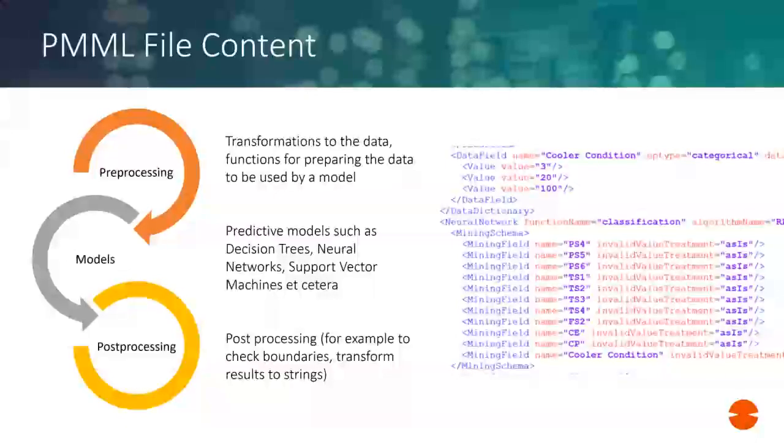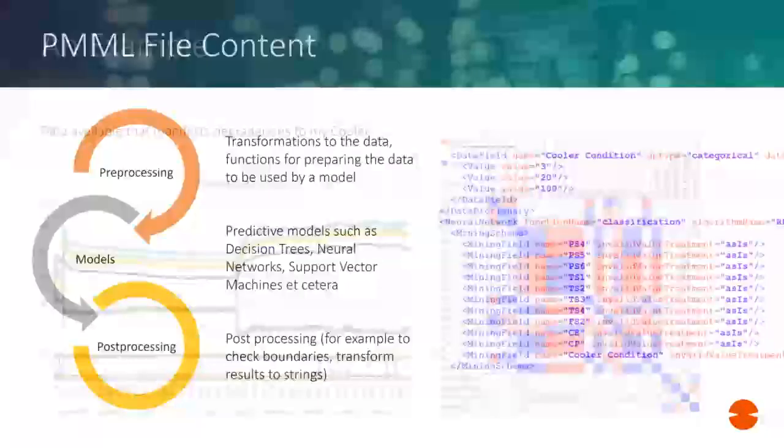So it's quite a complete language that allows you to go from the inputs, the processing, and predictive models, through to the outputs. And when you've trained and validated a model, you can export it as a PMML file, which we see here on the right-hand side. And these you can import into various execution environments that support PMML, and APM Studio is one of them.